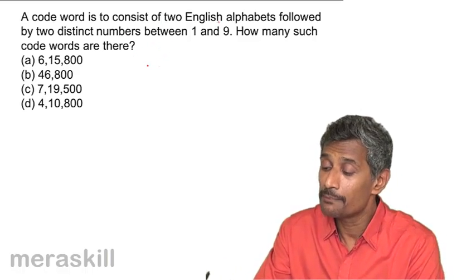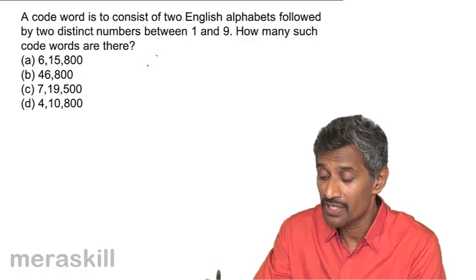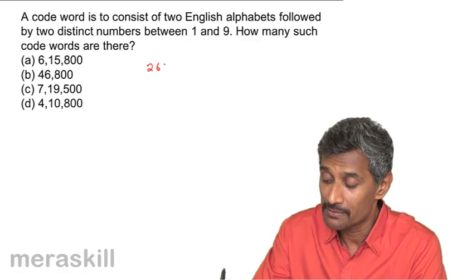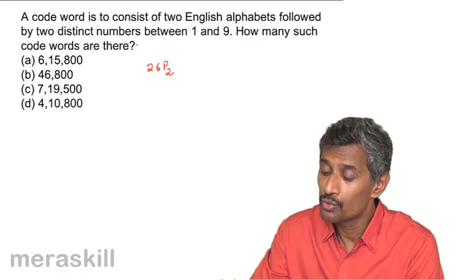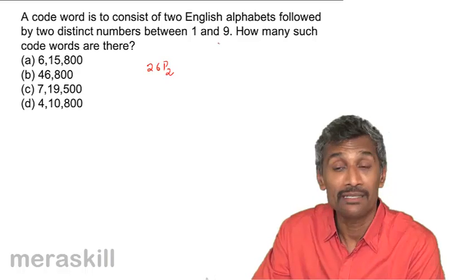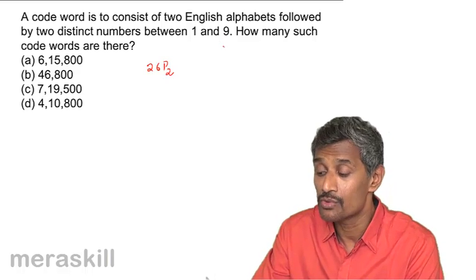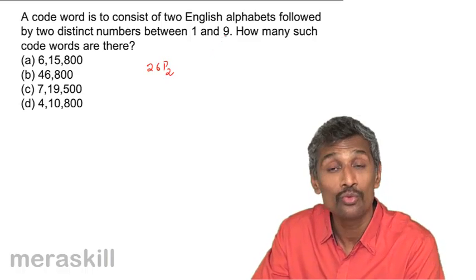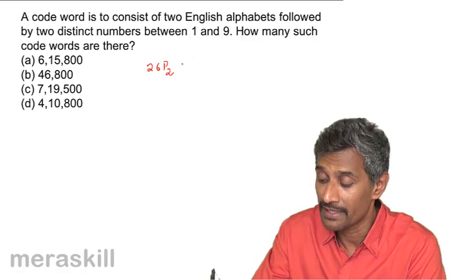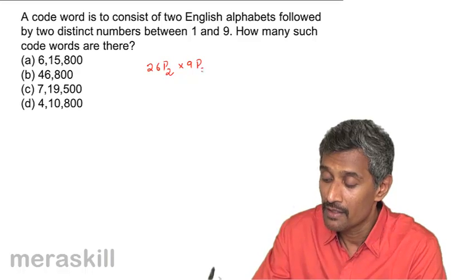We have to pick up 2 letters from the English alphabet. So it's going to be 26p2 and followed by 2 distinct numbers between 1 and 9, that is 1, 2, 3, 4, 5, 6, 7, 8 and 9. So you're picking up 2 numbers out of 9. So it is going to be 9p2.